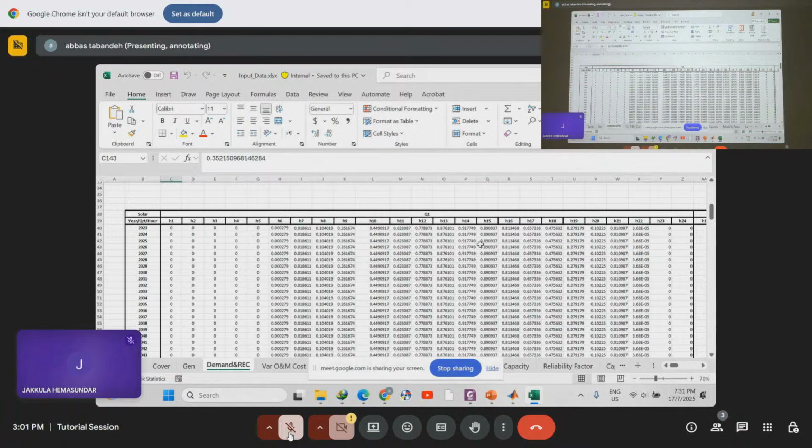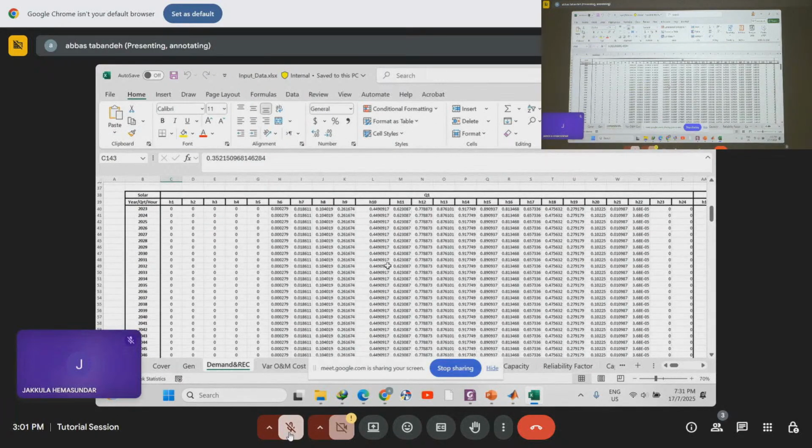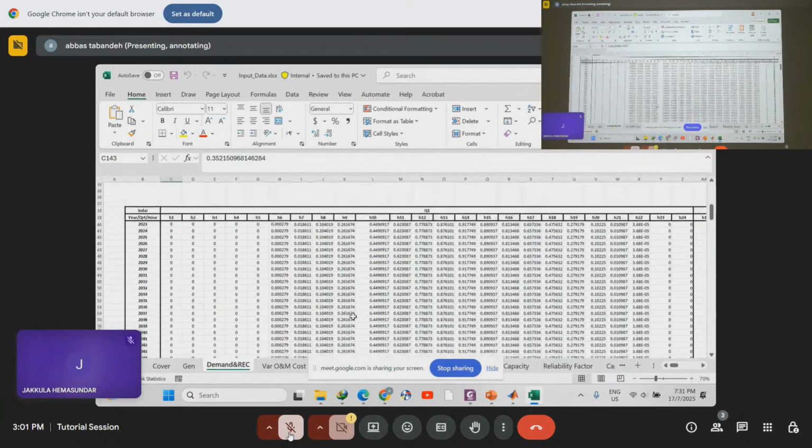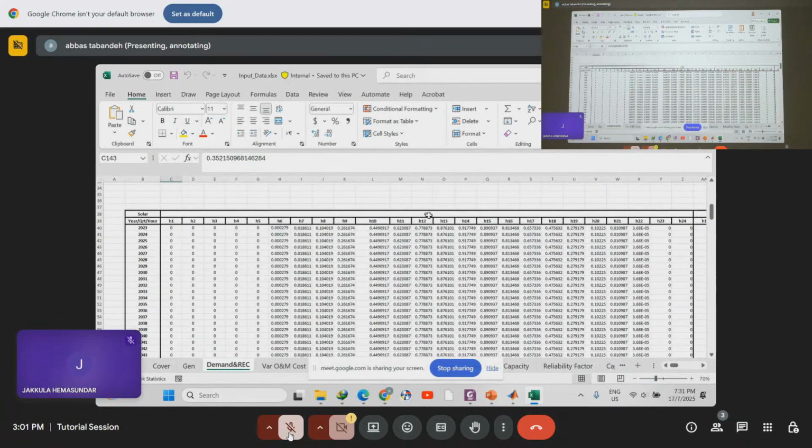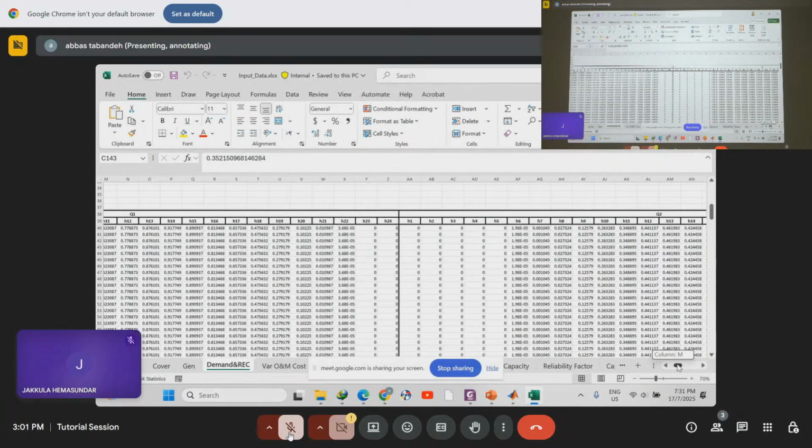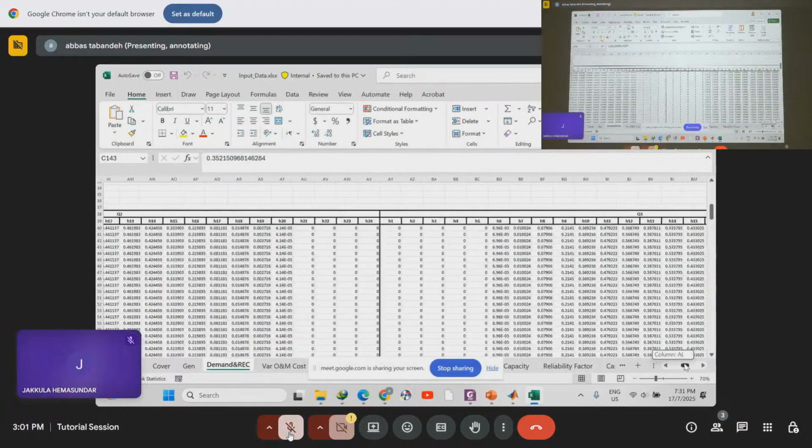So we have considered all of them for each year. Again, first quarter data is different from other quarters, as you can see.